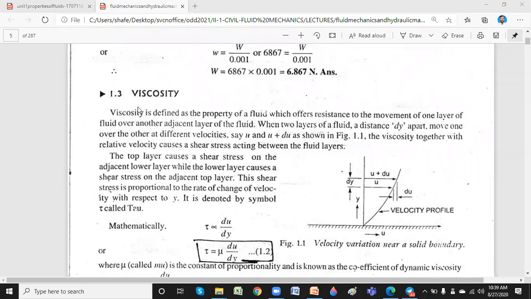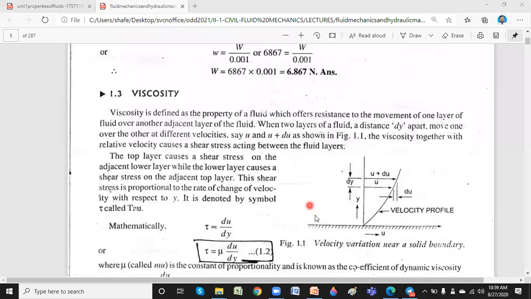You have one more plate, or one more surface, which is moving, maybe in the opposite direction or the same direction. There is a distance between the two plates, which is dy. Both plates are at a distance of dy and move at different velocities.